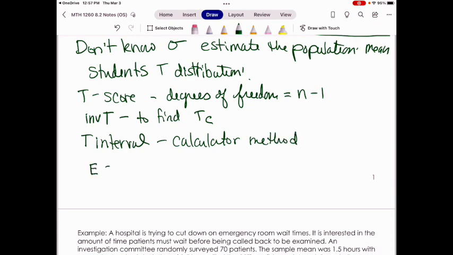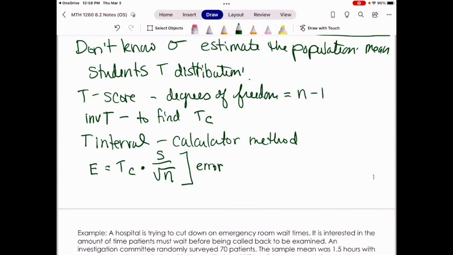Your error is very similarly calculated. The only difference is you're going to take your t-critical times your sample standard deviation divided by the square root of n. So if you want to calculate your error by hand, that's how you can do it. And then you still create your confidence interval by taking your point estimate and you add and subtract the error in order to get that interval.